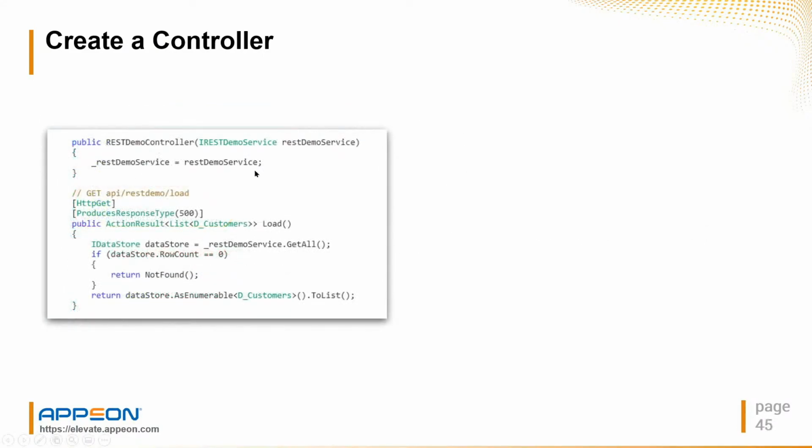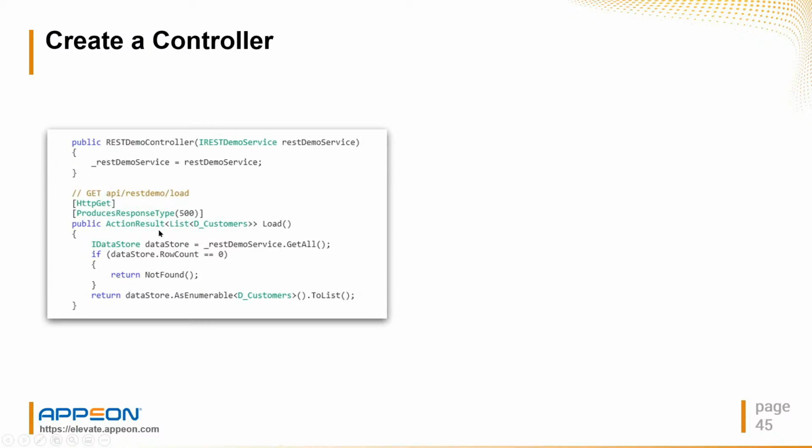So here's an example of the load method. Ignore this part, that's the custom constructor from earlier. But I've modified that load method, so now it returns a list of DCustomers, which is our POCO object.